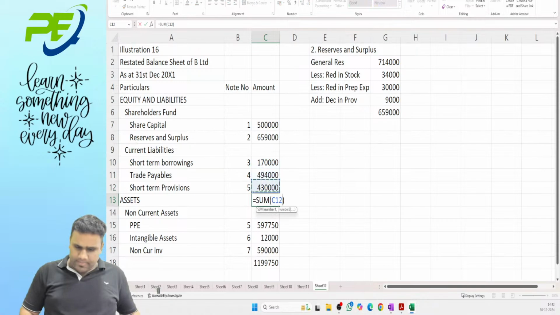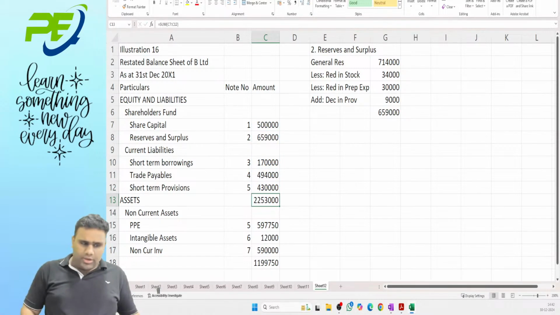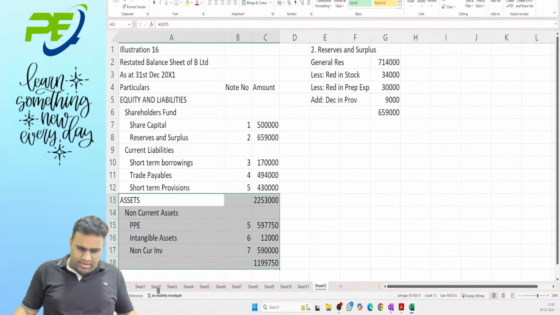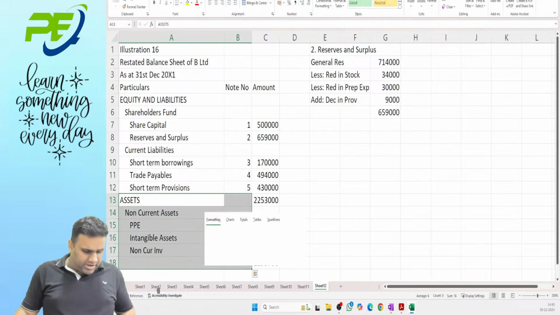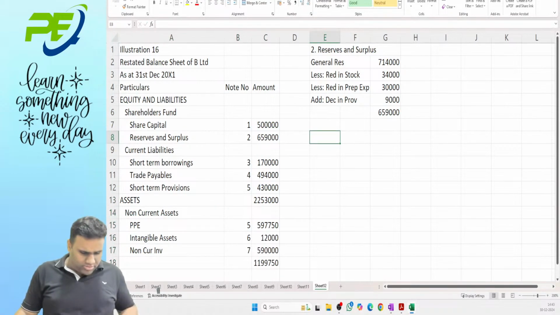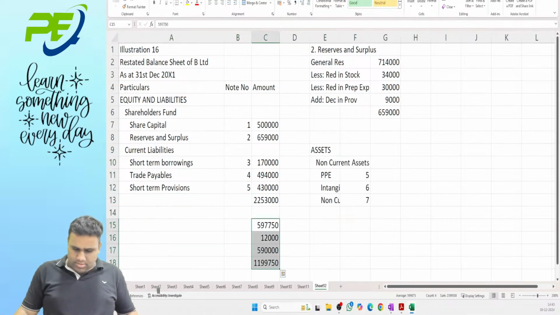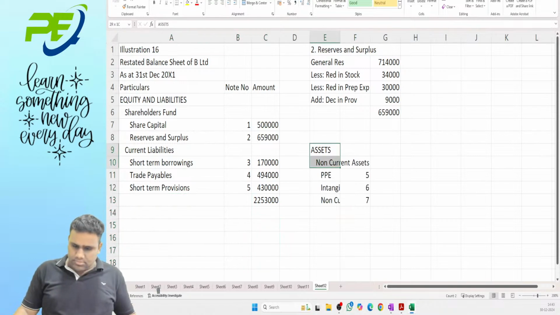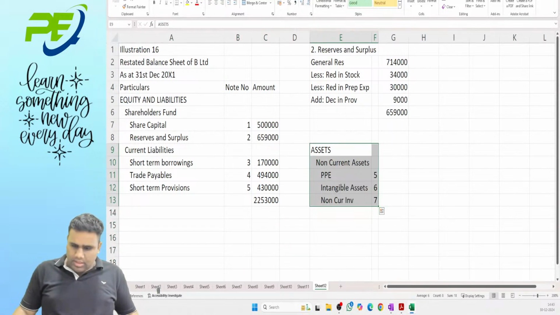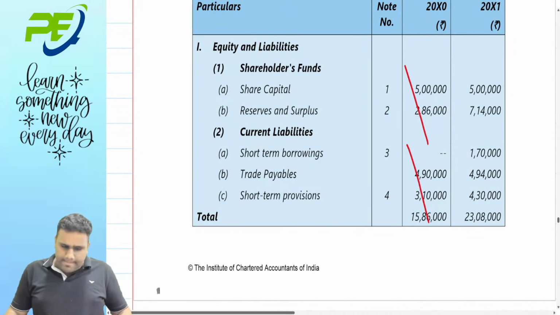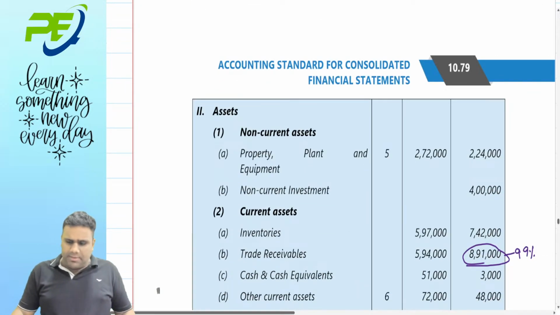If I total, 22 lakh 53,000. Now the asset side. Under assets, property, plant and equipment.